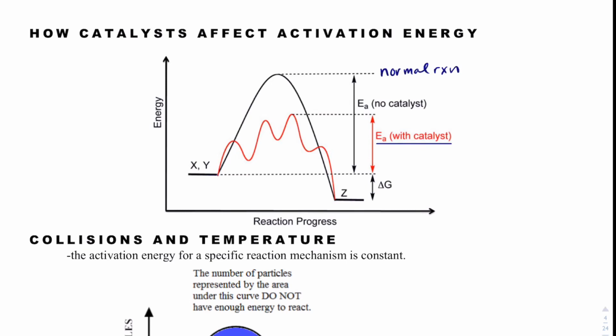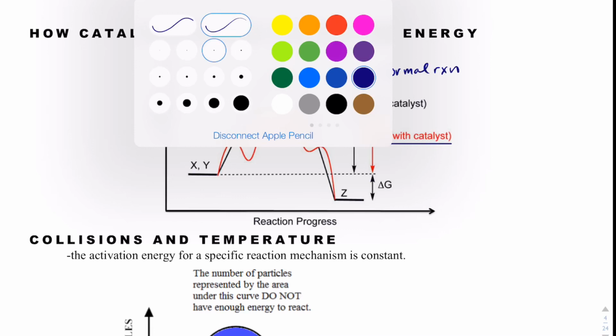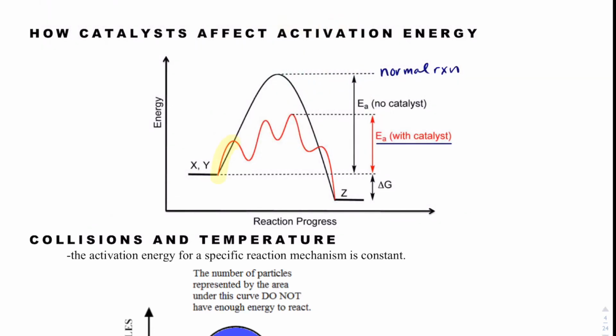Whereas this red graph represents a more efficient way to do something. So if I was going to do a lab all by myself, not worried about teaching it, I'm definitely going to be able to get it done with a lot less energy and a lot less time. And so that's kind of how a catalyst works. It might go through some different steps and it might look a lot different, but it still ends up at the same reaction. And so we have a lower activation energy than we did before.